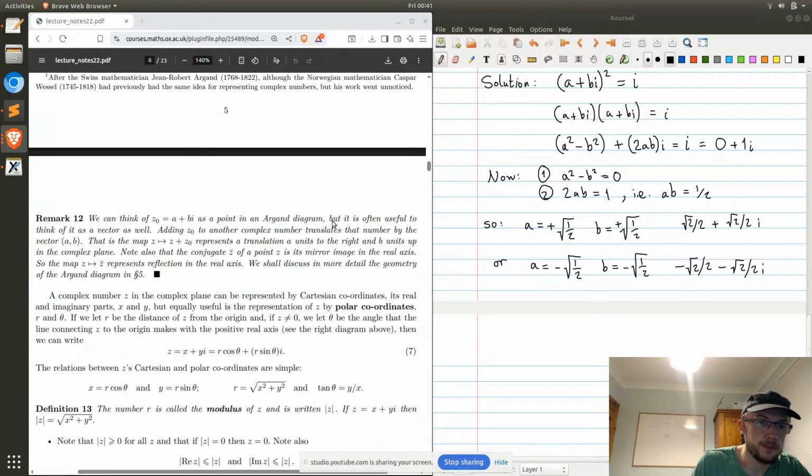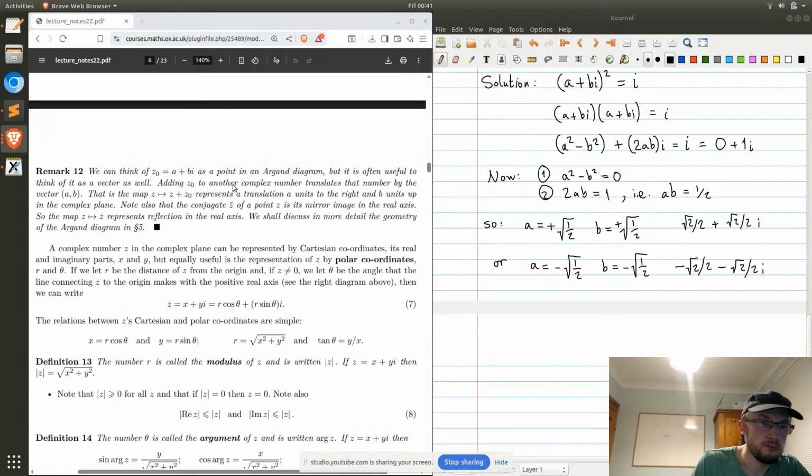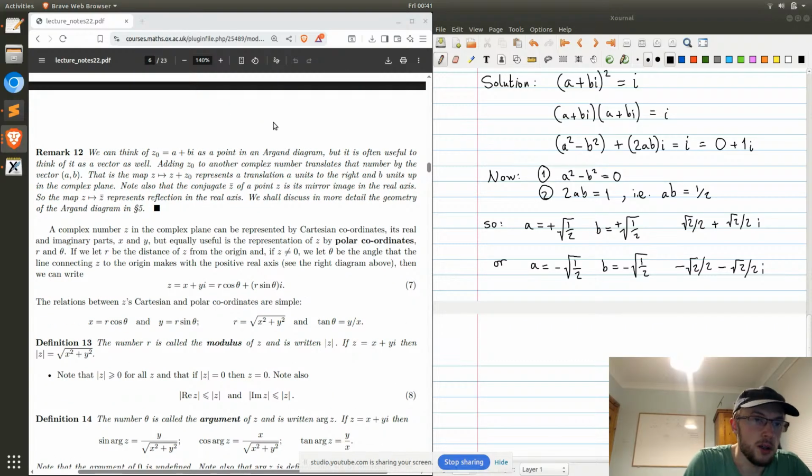Okay, so we can think of z0, which is a plus bi, as a point in an Argand diagram, but it is often useful to think of it as a vector as well. Adding z0 to another complex number translates that number by the vector (a, b).